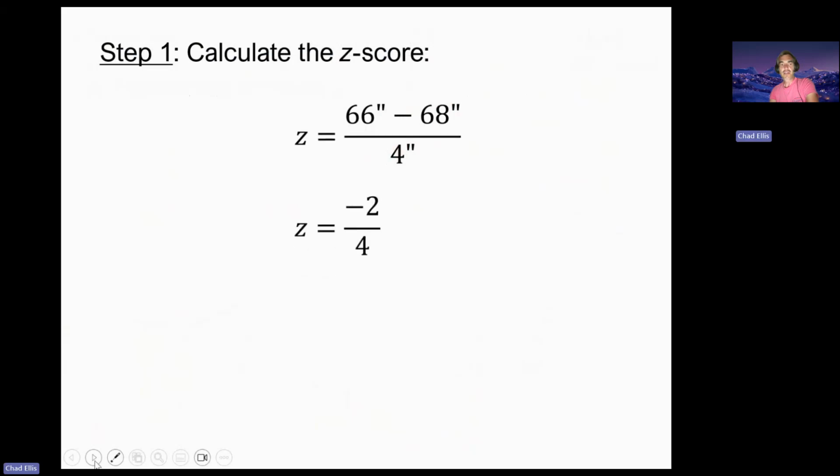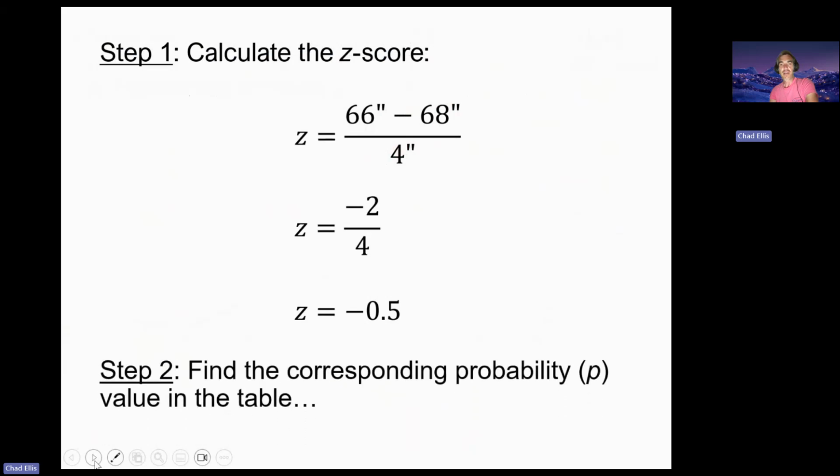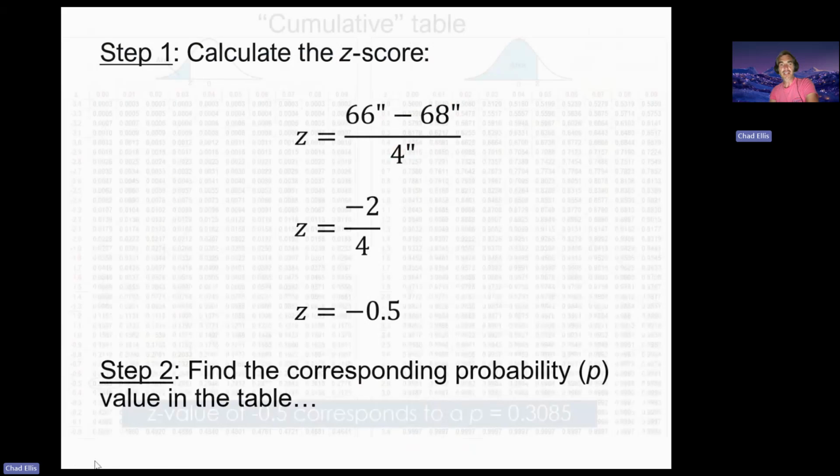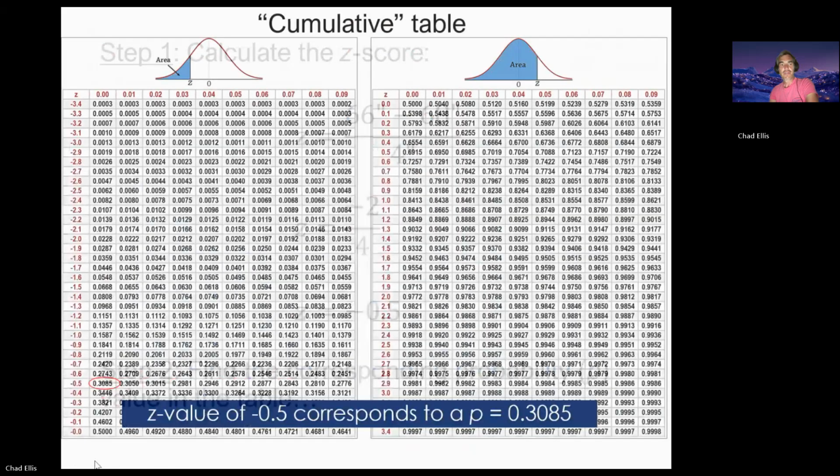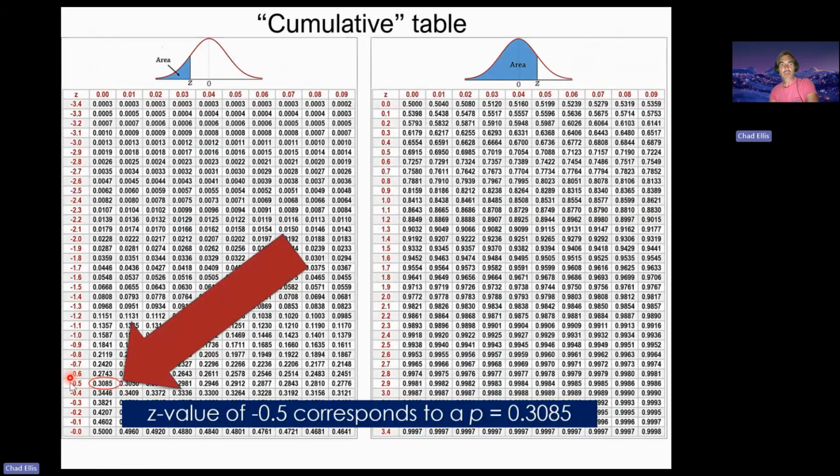We do our arithmetic, we get minus 2 over 4, which gives us a Z-score of minus 0.5, which of course we know now is going to be on the left side of our normal distribution. Now that we have our Z-score, let's find the corresponding probability value in our table. For a Z-score of minus 0.5, that corresponds to a p-value of 0.3085, about 30.85%.